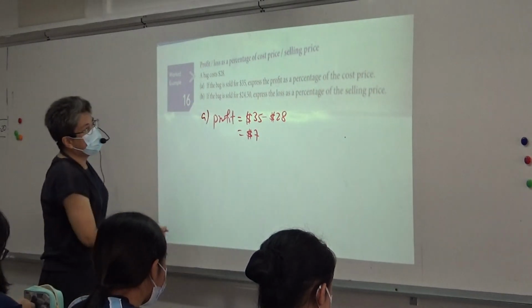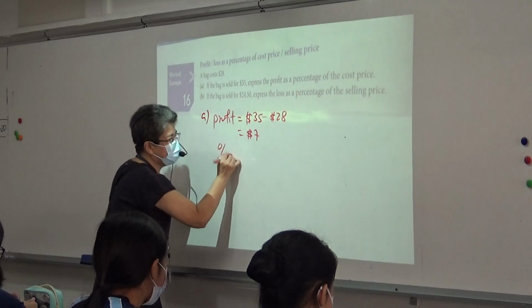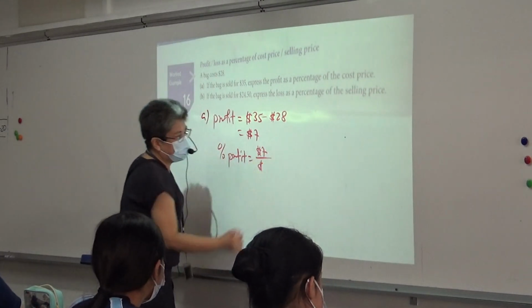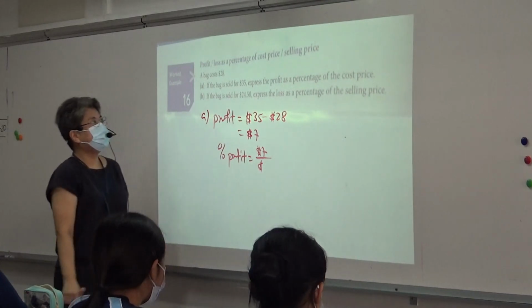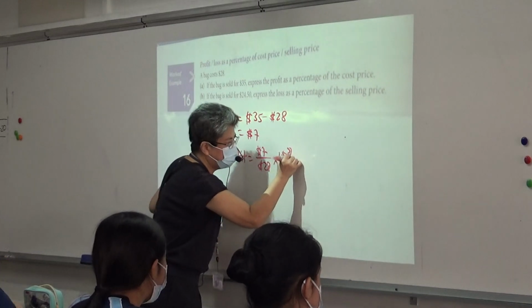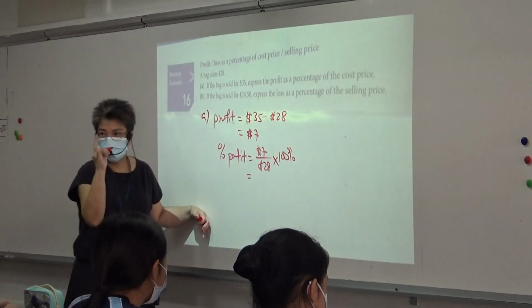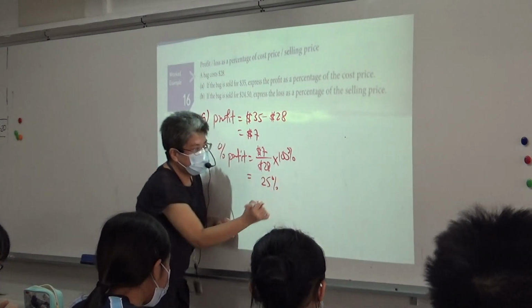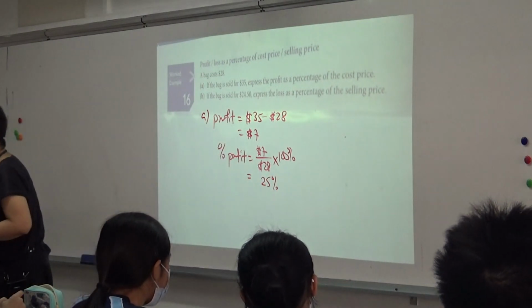Then they say profit as a percentage. So, percentage profit will be 7 over 28 times 100%, not 100. Okay? So, this one will be 25%. Are we clear? Are we clear?